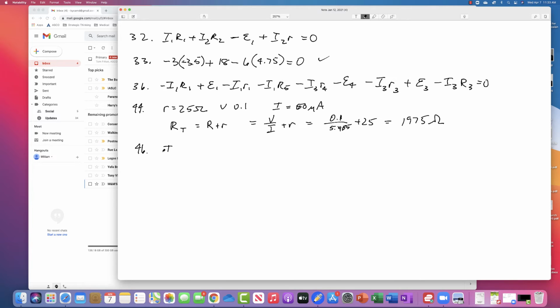So IR here is equal to the I for the galvanometer times little r.